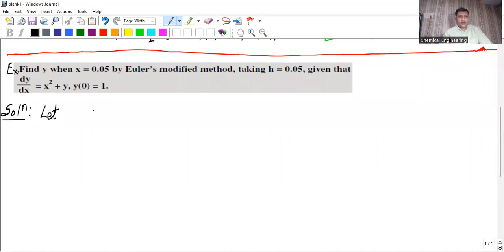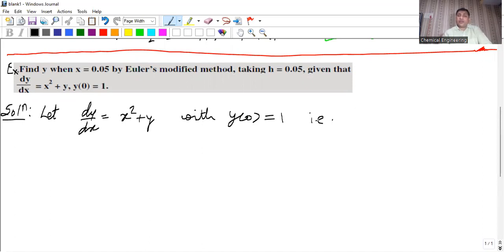So what we have here: let dy by dx is equal to x square plus y, with y at 0 equal to 1. From here we need to understand what x0 and y0 are.